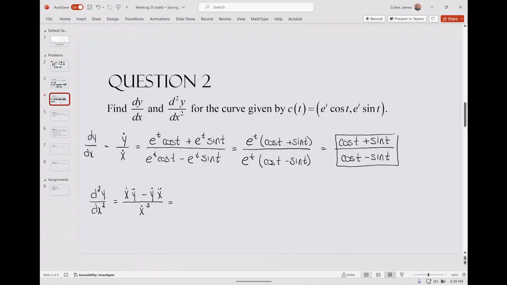All right, well, we know what x dot is. We now need y double dot.